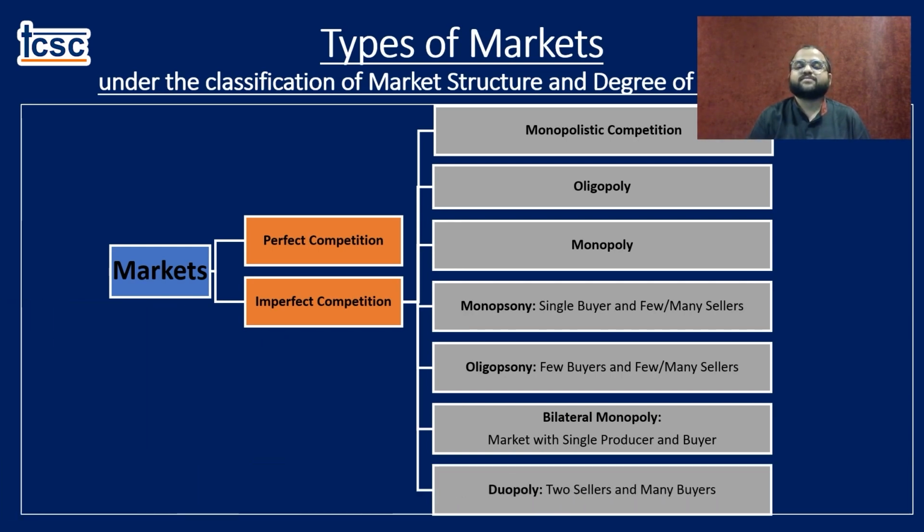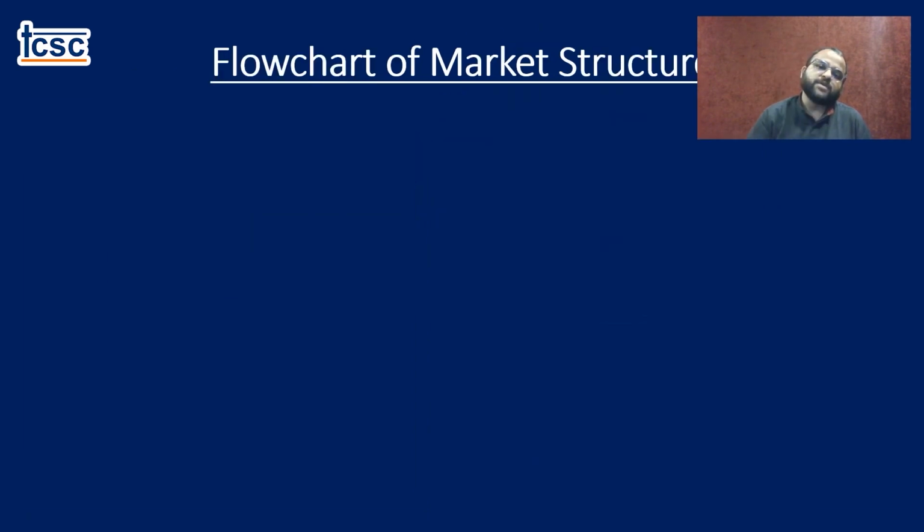Similarly, duopoly, where there are two sellers and many buyers. Now, monopsony, oligopsony, bilateral monopoly, and duopoly are forms of imperfect competition only, but we're not going to take them in detail. What we're going to focus on is only monopolistic competition, oligopoly, and monopoly.